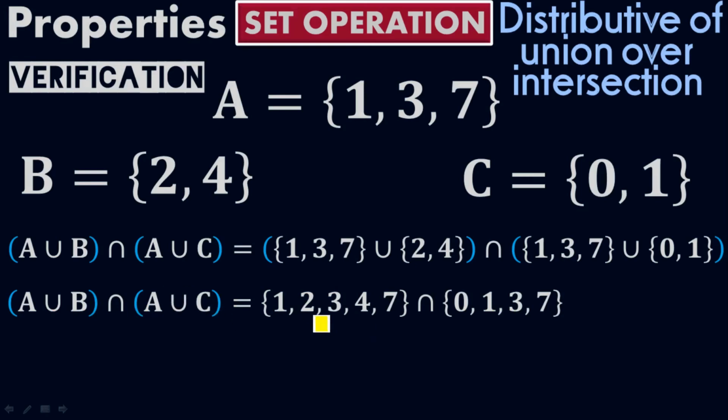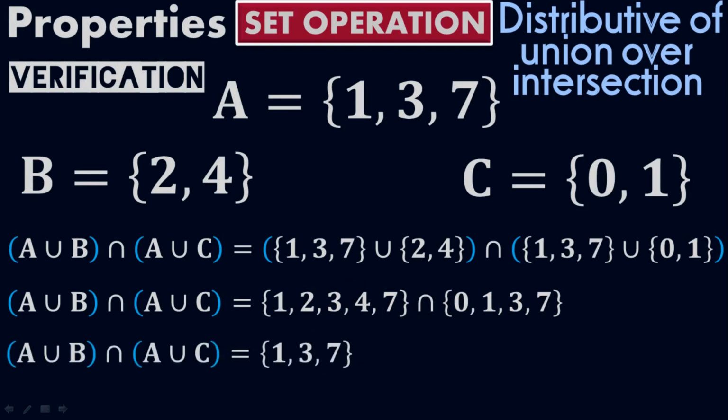Now we take the intersection of these two sets together. Their intersection will be {1, 3, 7}. In intersection we take common elements. 1 is common because it exists in both sets. 3 is common, and 7 is common.